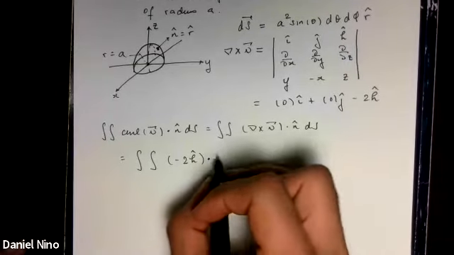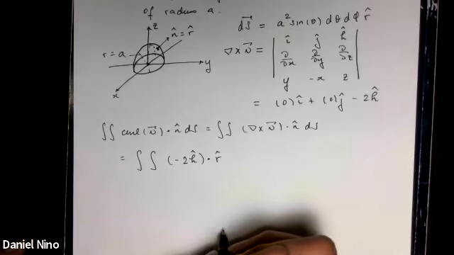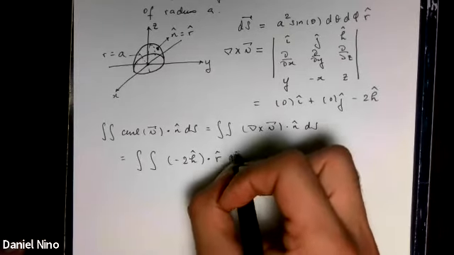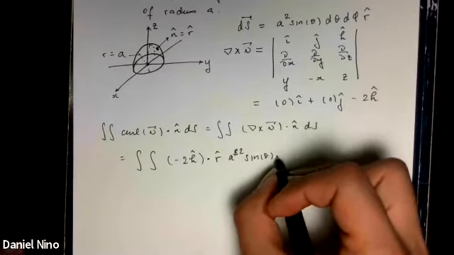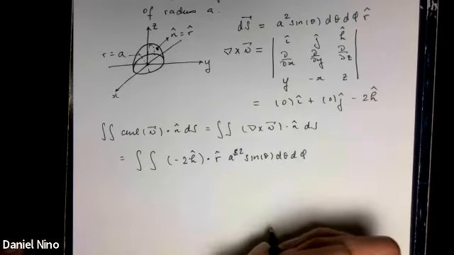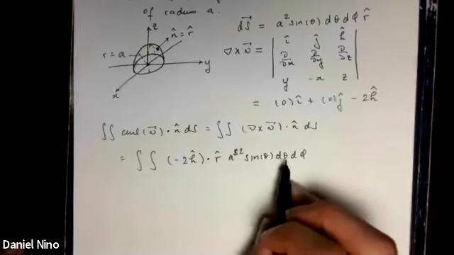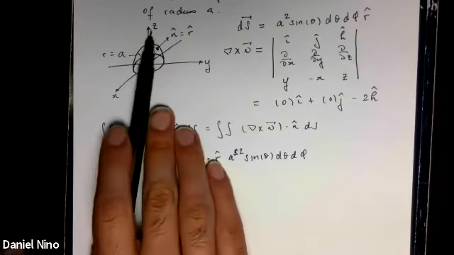The normal to our surface, because it's a sphere, is in the r hat direction. And our area element is given by a squared sine theta d theta d phi.